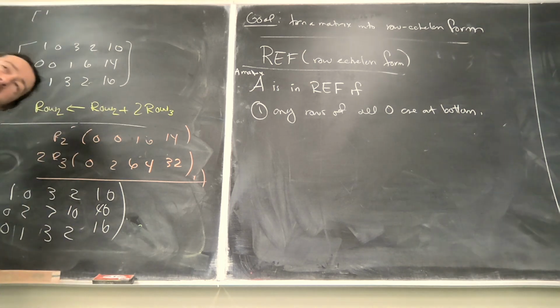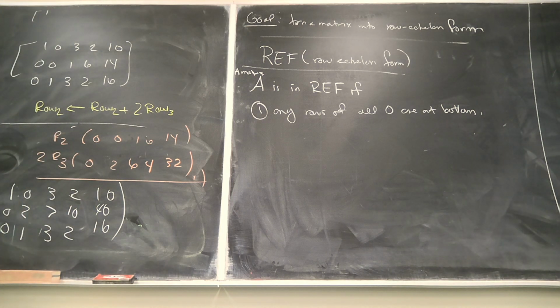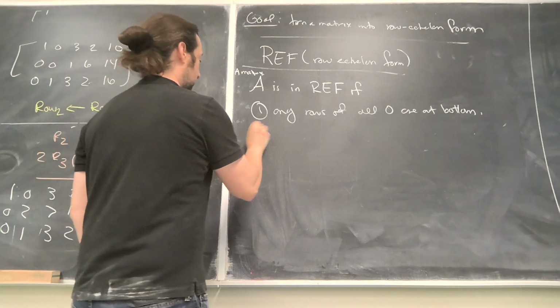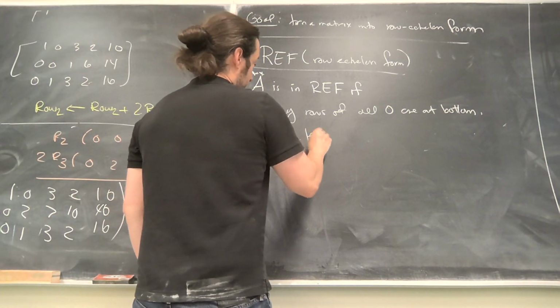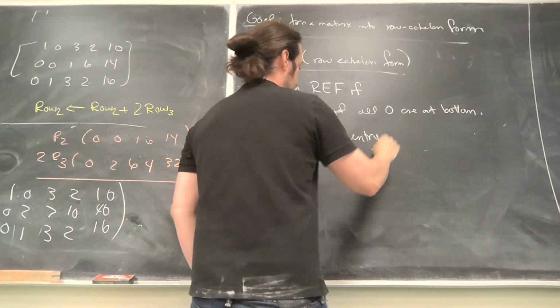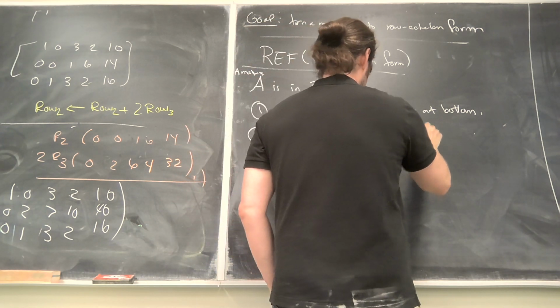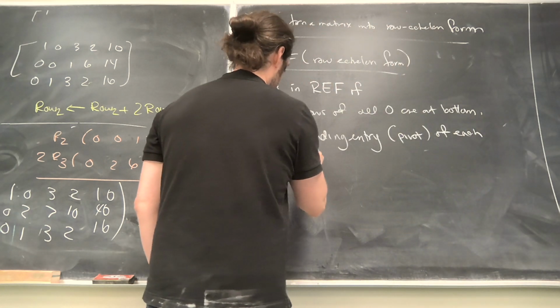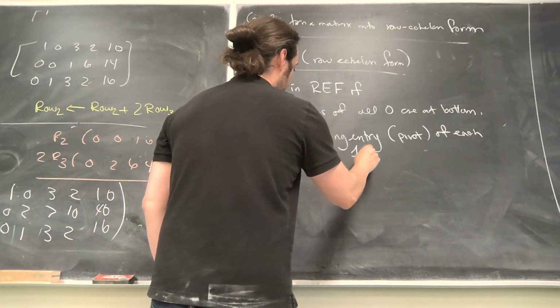The leading entry of each row, which is to say the first non-zero entry as you read left to right, which is also called a pivot, is 1.